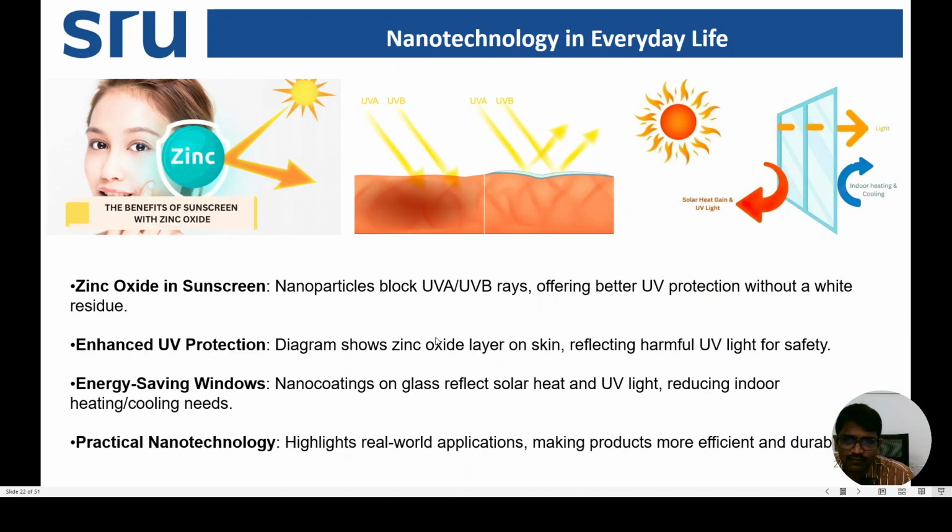Okay, and also nanotechnology in everyday life. See this slide. Have you found anything related to your daily life? Yes, right? We use sunscreen lotions.